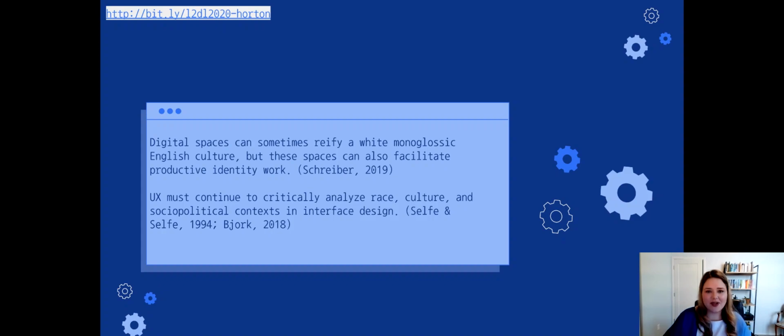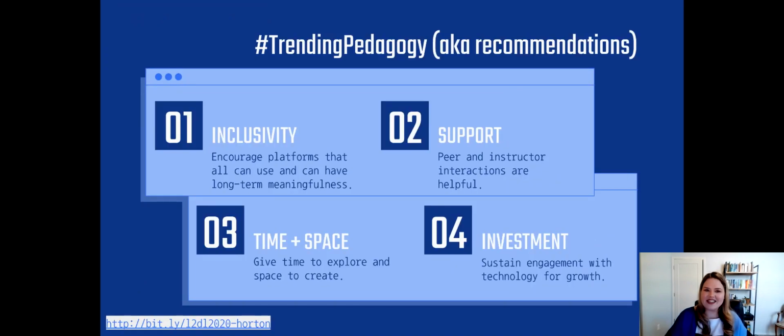If we want digital spaces to be safe spaces, they have to be analyzed spaces, and spaces of which we're constantly aware and practicing safe practices, inclusive practices, which leads to my recommendations of being inclusive of all kinds of identities that enter into the classroom, not just the cultural or linguistic identities we've discussed today, but disabilities, different kinds of learning styles, and supporting those, not just as the instructor to students, but across student to student, because those relationships can be very meaningful.